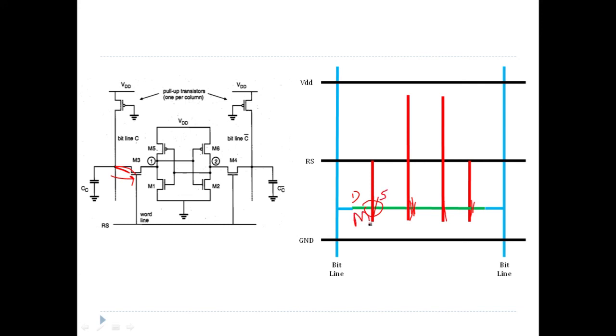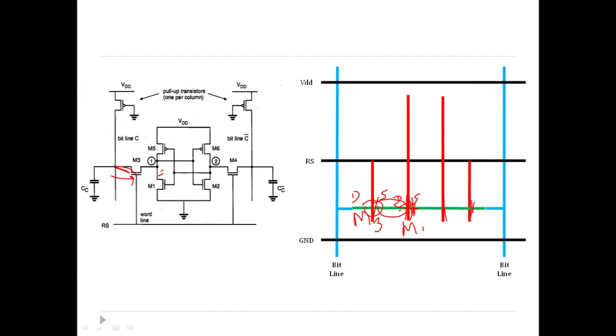Now the source of M3 is connected to the drain of M1. So the next transistor, at the cross point of this diffusion layer and polysilicon, is M1, and it is connected to the drain. They share this diffusion area. This is source and this is drain. As this is drain, this becomes the source of M1.